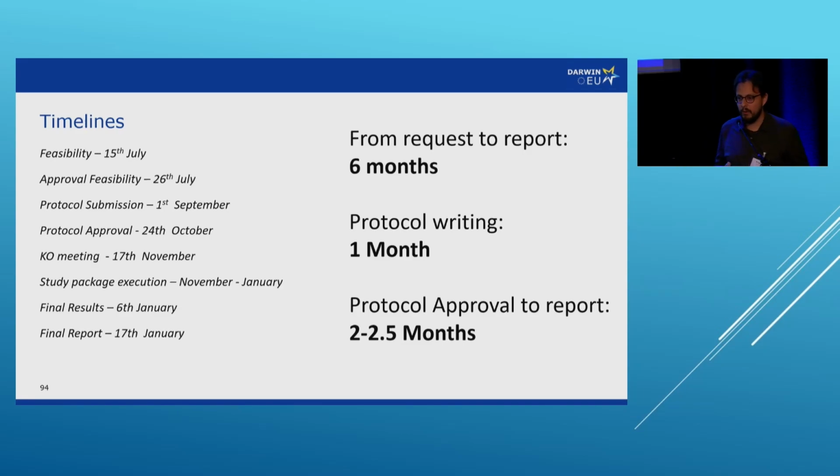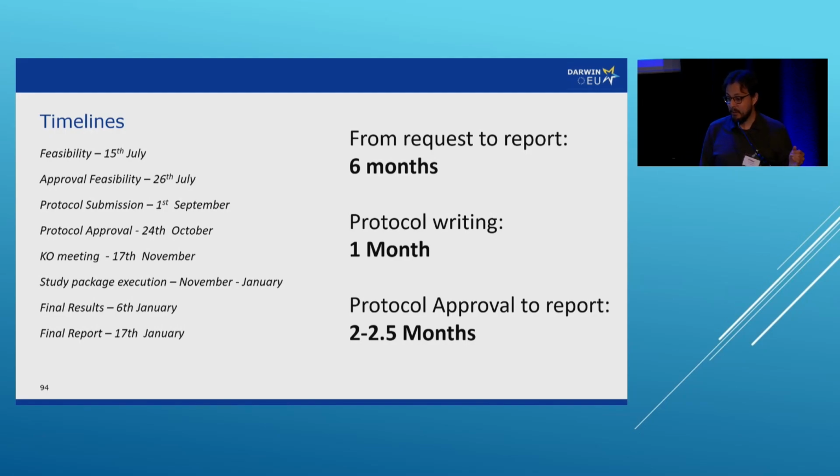At this stage, we were doing the first drug utilization study, and we were building the tracks where we were driving the train, and a little bit also building the train. But I want you to see that from the request to the report, it took 6 months with 2 holidays in the middle.